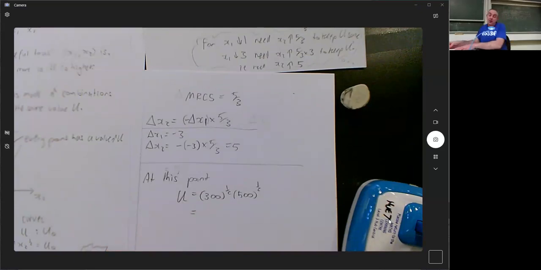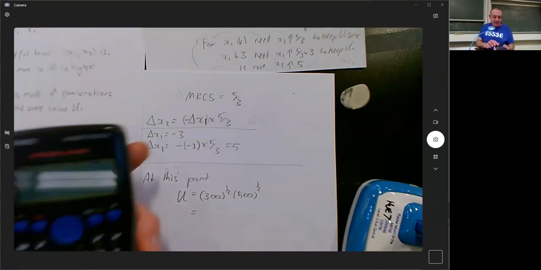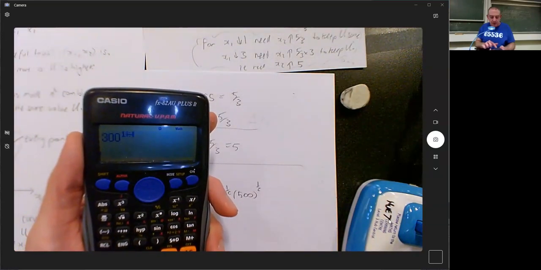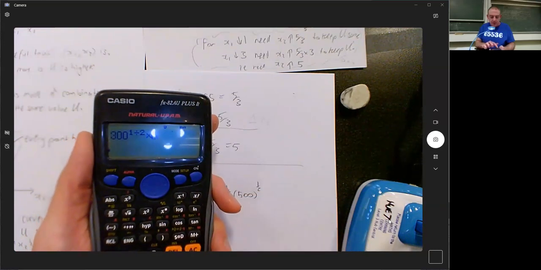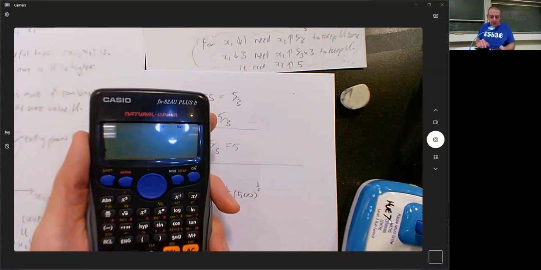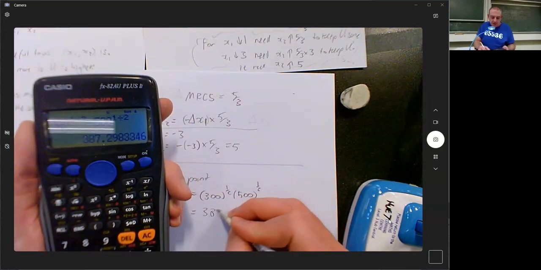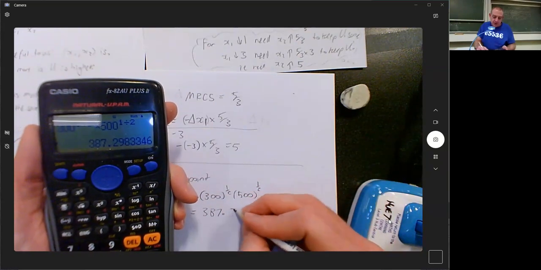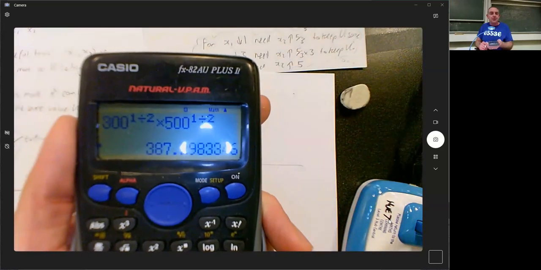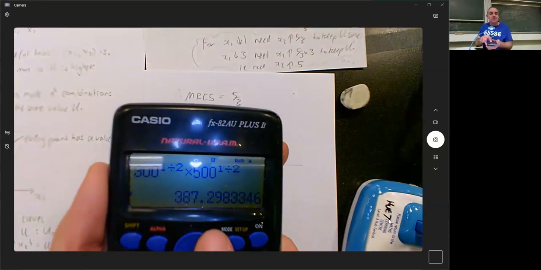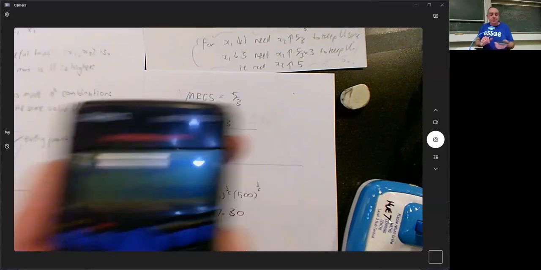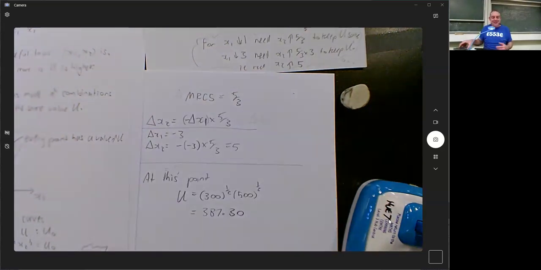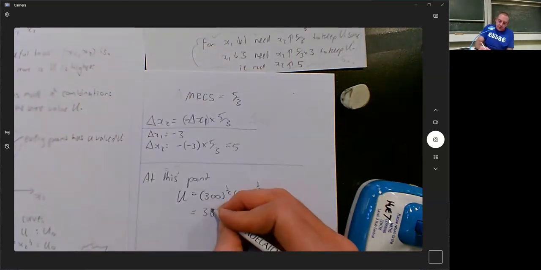We don't technically need to know what the utility is, but I just thought I'd point it out. 300 to the power of a half times 500 to the power of a half is 387.3, rounded off to the nearest 2 decimal places. But I just did it straight with the powers exactly as they were written.